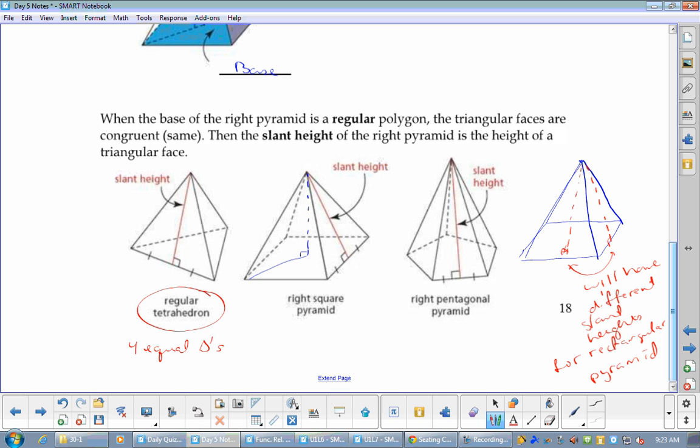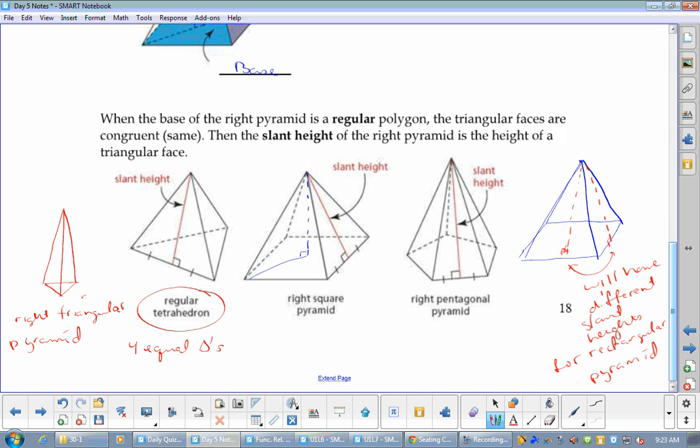Very different than maybe something like this, where all 4 triangles are not the same. That would be a right triangular pyramid. It would not be a tetrahedron because there are not 4 equal sides.